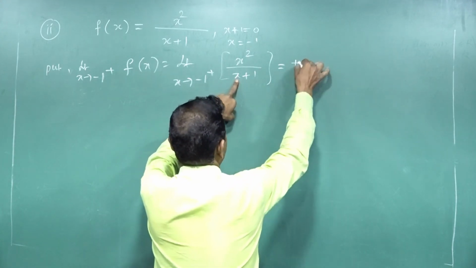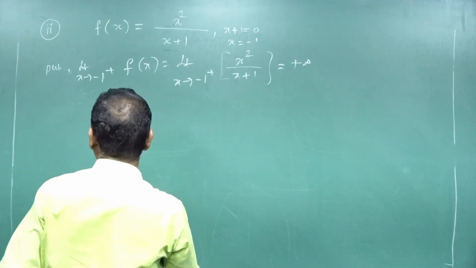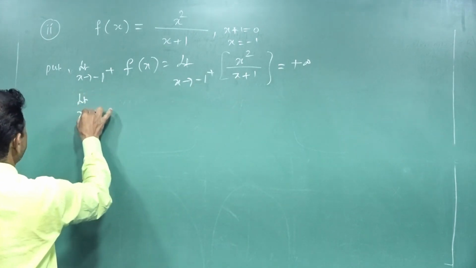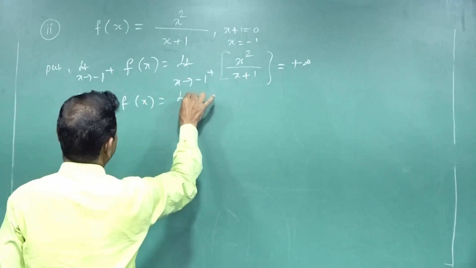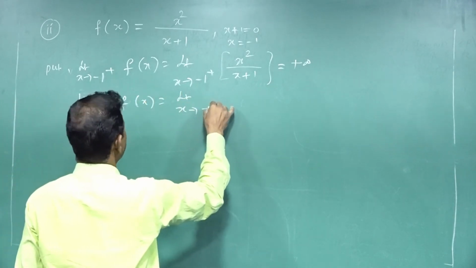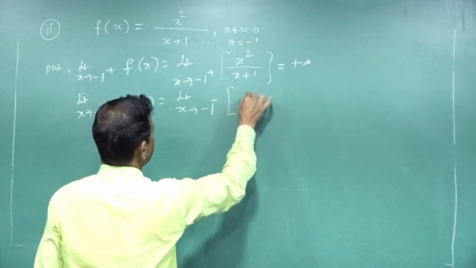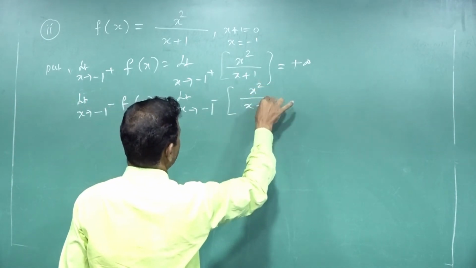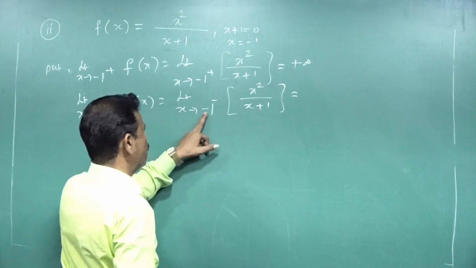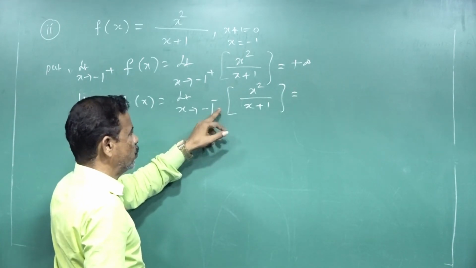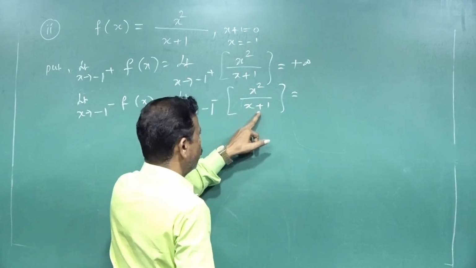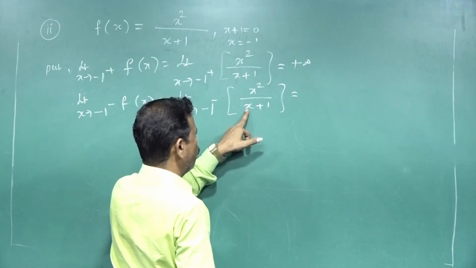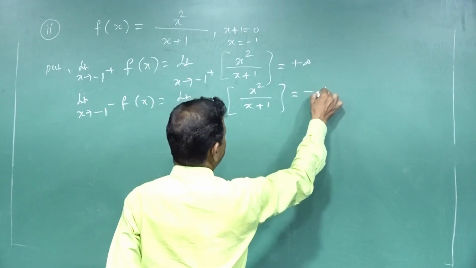That's why it is the positive infinity coming. Next, limit x tends to minus 1 minus f of x is equal to limit x tends to minus 1 minus x square by x plus 1. So left side, minus 1.2 like that. Compared to this, it is minus 1.2. So negative coming, negative infinity.